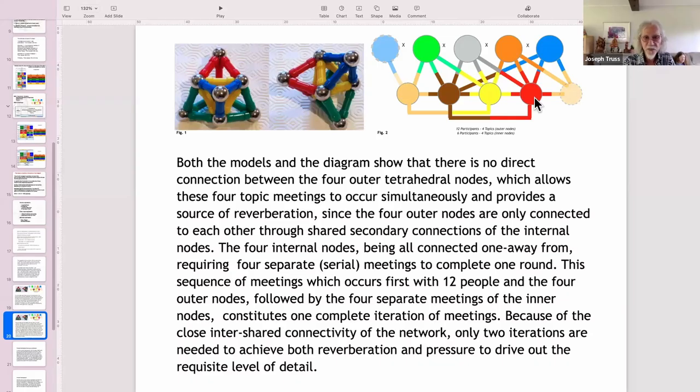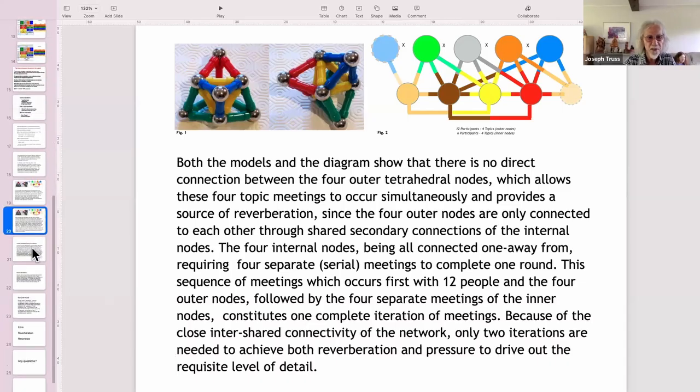This sequence of meetings, which occurs first with 12 people on the 4 outer nodes, followed by the 4 separate meetings of the inner nodes, constitutes one complete iteration of meetings. Because of the close inter-shared connectivity of the network, only 2 iterations are needed to achieve both reverberation and enough pressure to drive out the requisite level of detail.